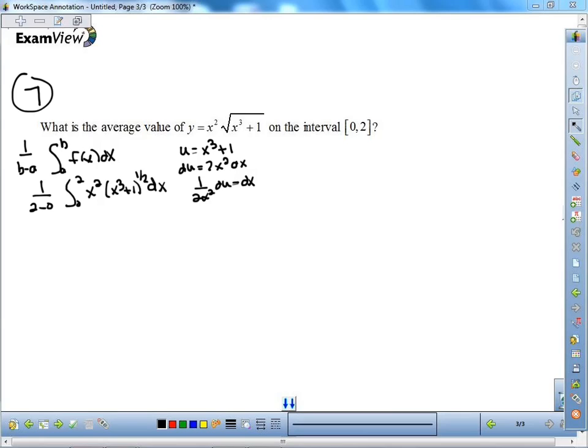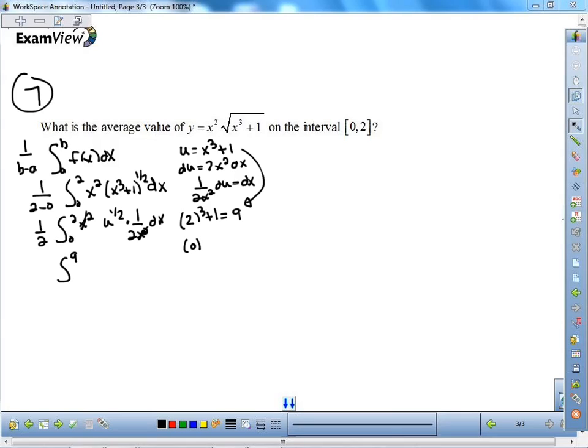So if I substitute it back, my x squares are going to cancel. And I'm also going to do a change of variables. So when x is 2, my upper bound is going to be 9.